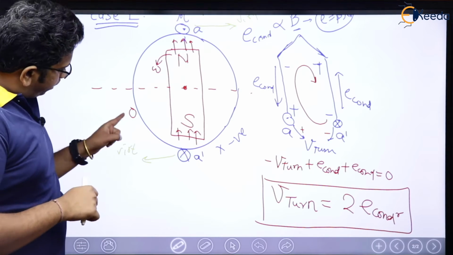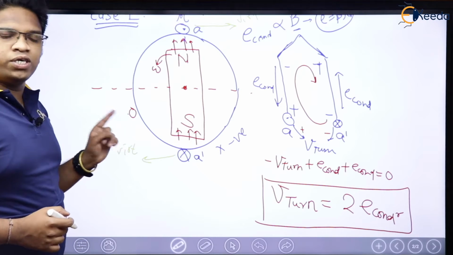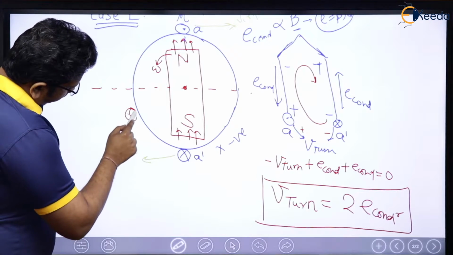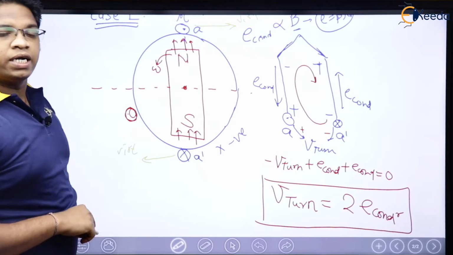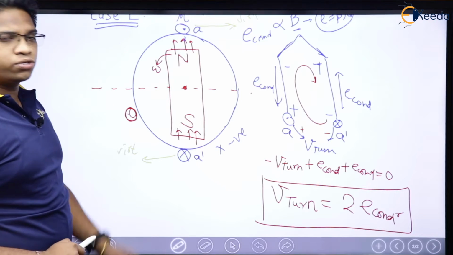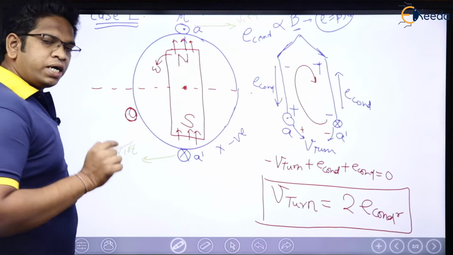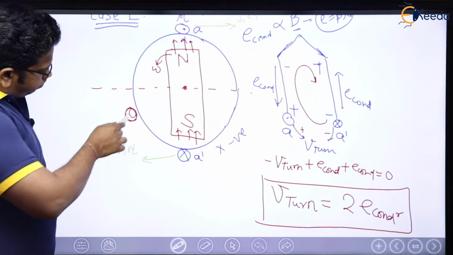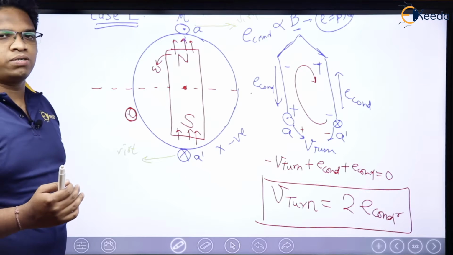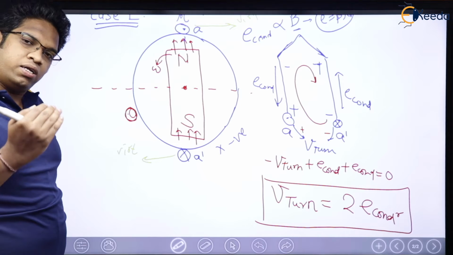But here the flux density will be 0. I can also have a conductor here, with this as A and this as A dash. But the flux density influenced by this conductor is going to be less than positive maximum. Basically, if it is south, then it is going to be less than negative maximum.